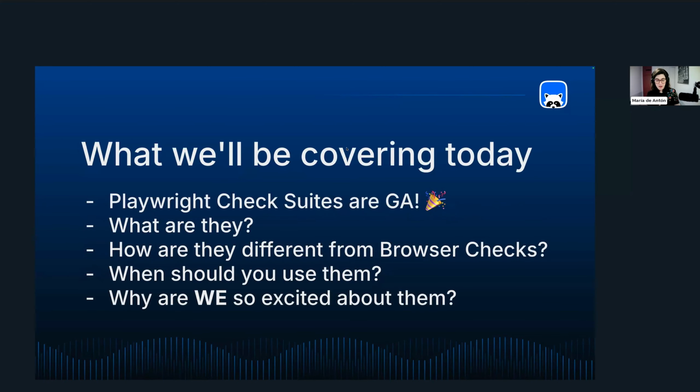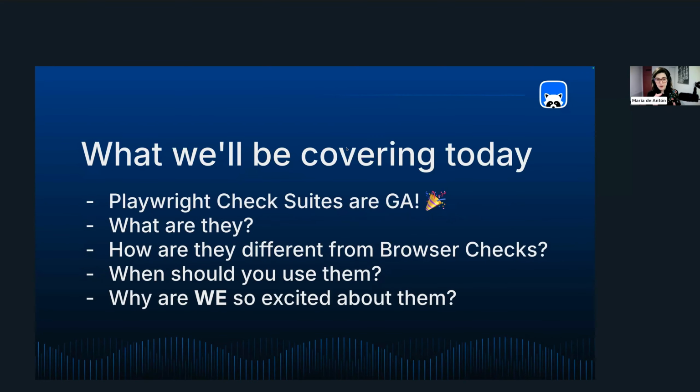Okay, so what are we going to cover today? First, Playwright Check Suites are now generally available, and this is the newest check type in Checkly. They're the way in which you can run Playwright natively in production, and we'll see about it during the webinar.